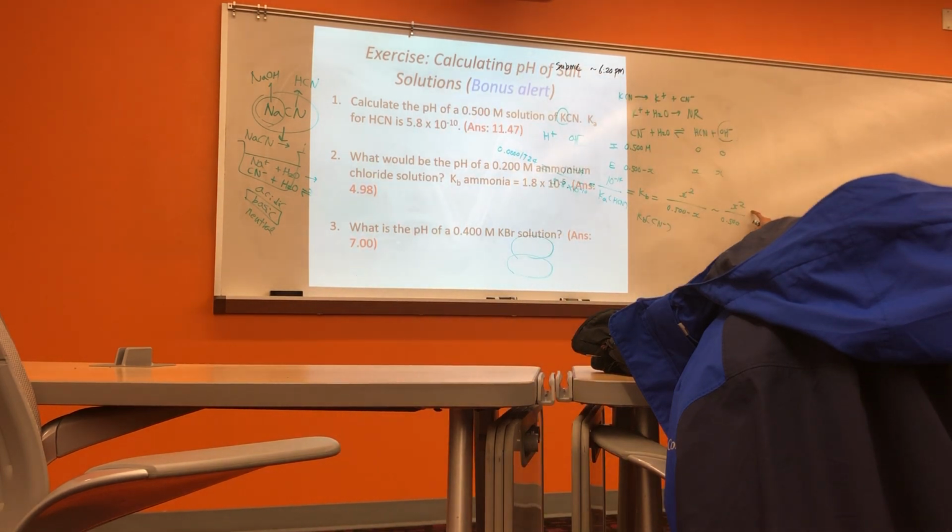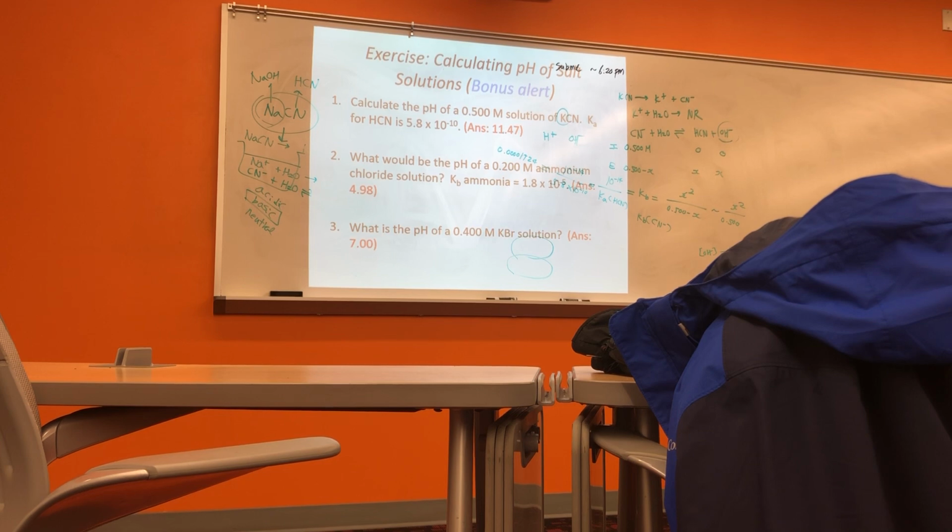So my x, which means hydroxide, is now the square root of 0.500 times that guy, 0.0000174. So I have this times 0.500 inside the square root.